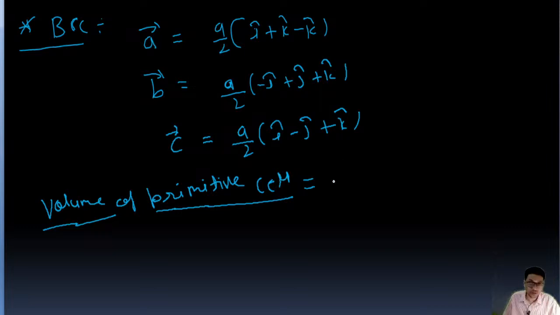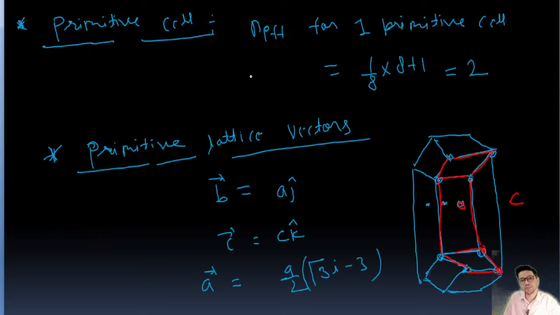This is going to be V equal to A dot B cross C, right? That is the volume of the primitive cell, given these primitive lattice vectors.